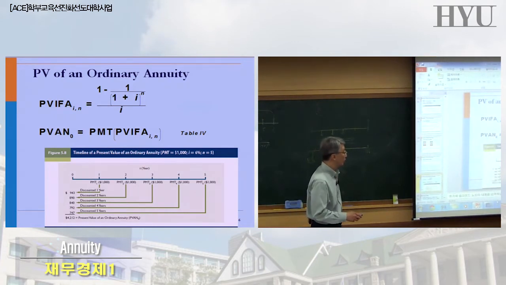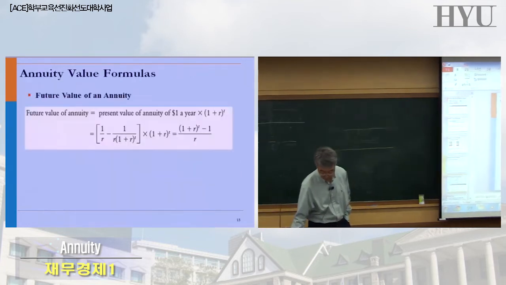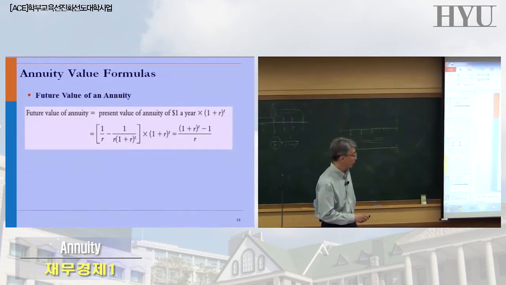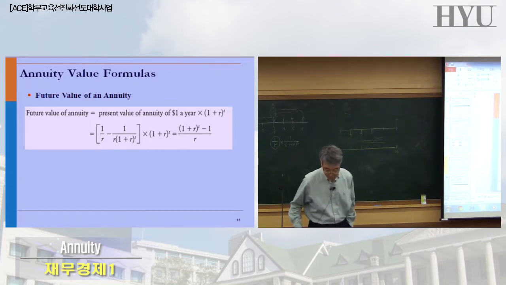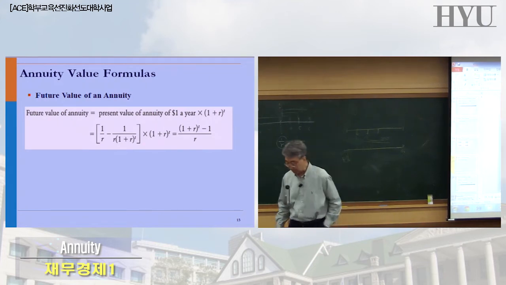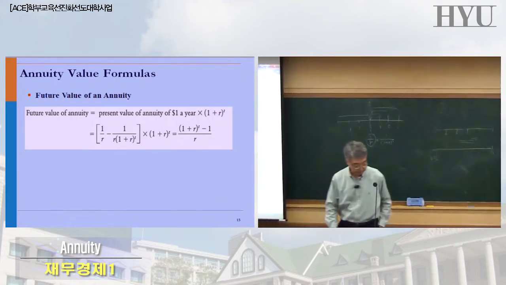Okay? So if you divide the whole thing by I, or if you multiply the whole thing by I, right, then you're going to come up with exactly the same formula here. Instead of R, you have to use I. And instead of T, you use N in our textbook. Okay? So any question about how this formula has been obtained?